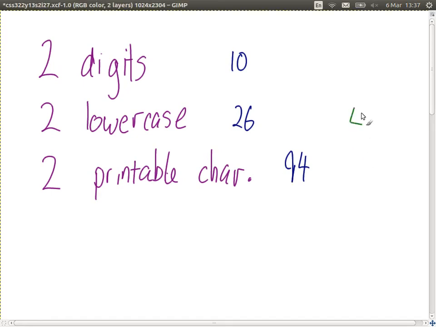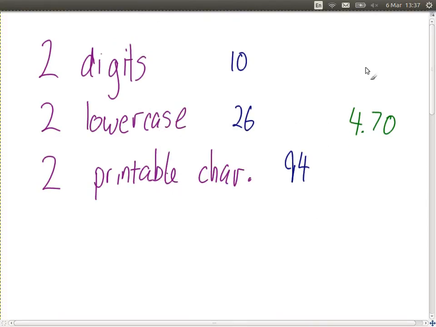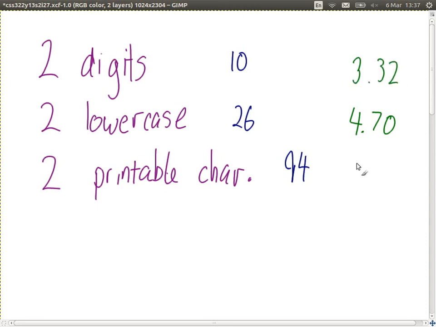This was 4.7, I can remember. That's the entropy of one character of that type. If you do the maths, remember we're using log.